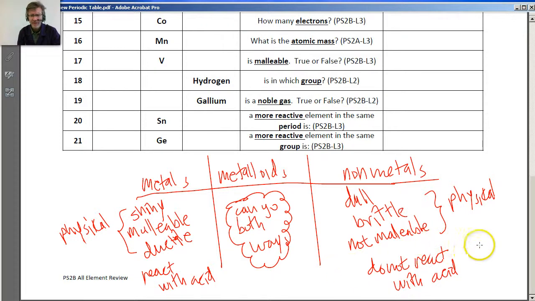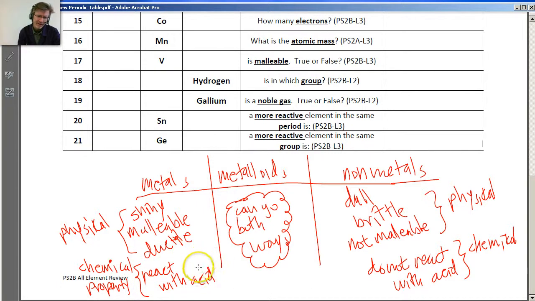But when it comes to chemical, the nonmetals do not react with acid, and the metals react with acid. That's a chemical property. And as I write this, I'm thinking that they also rust. So you can also say that metals rust.